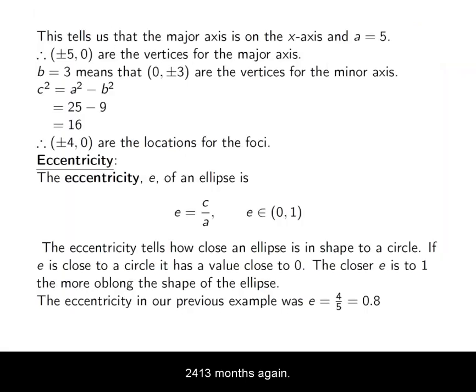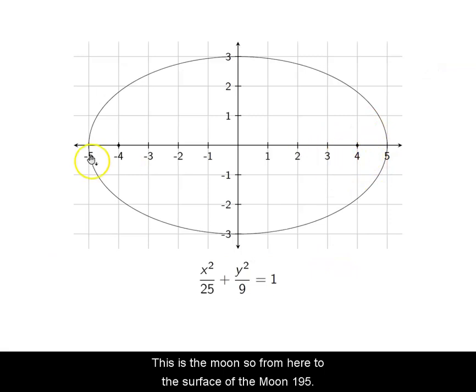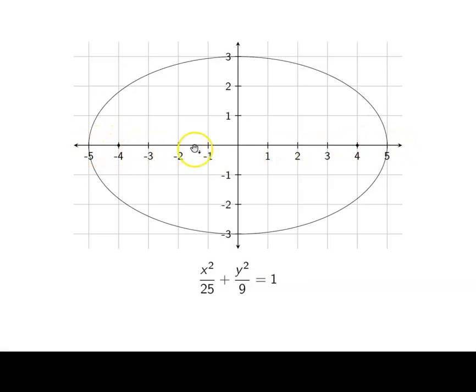Coming back here, this is the moon. From here to the surface of the moon, 195. Then 1,075 to get to the center, another 1,075, and then 68. So I just took one end to the other end and added up all the distances until I got to the end.